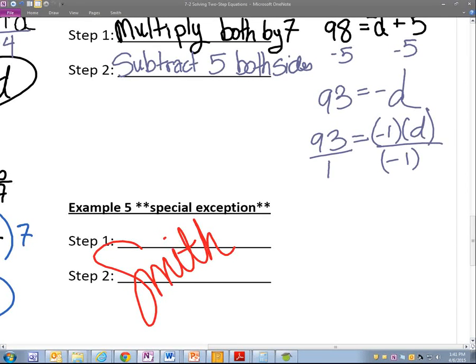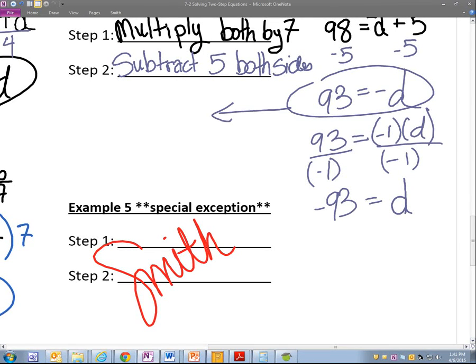And then we divide this side by -1, and that's how the 93 becomes -93, and the D becomes by itself. Yes, you could just go from here to poof. Okay? That's fine. That's how you get that one.